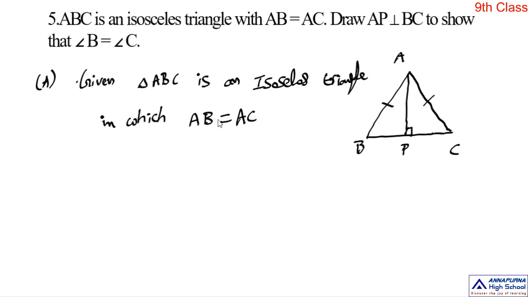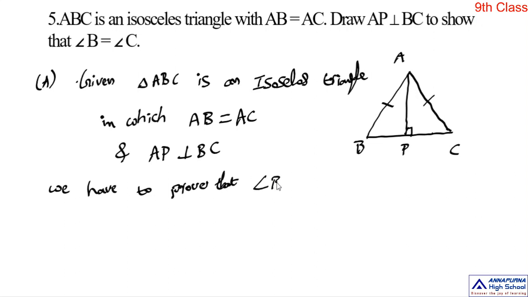This is the given condition. AB is equal to AC, and AP is perpendicular to BC. We have to prove that angle B is equal to angle C.